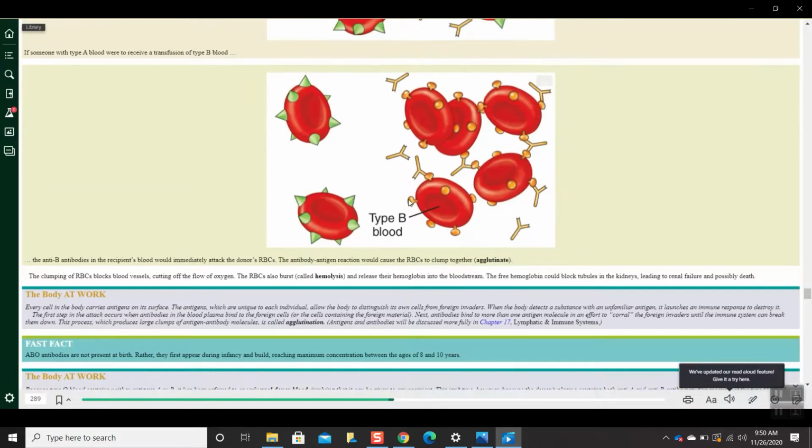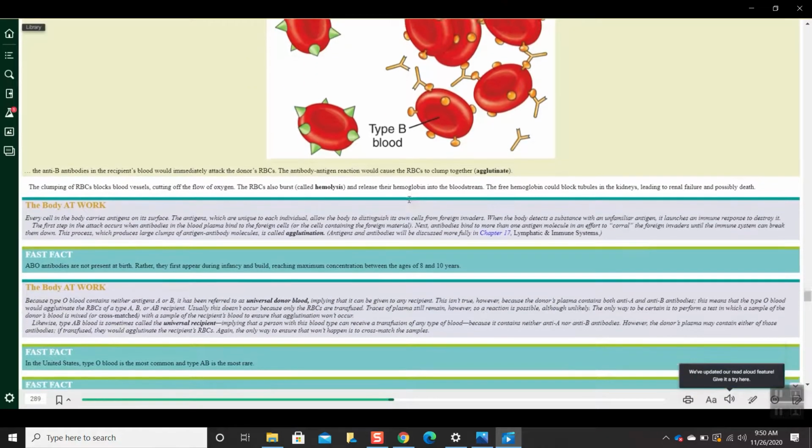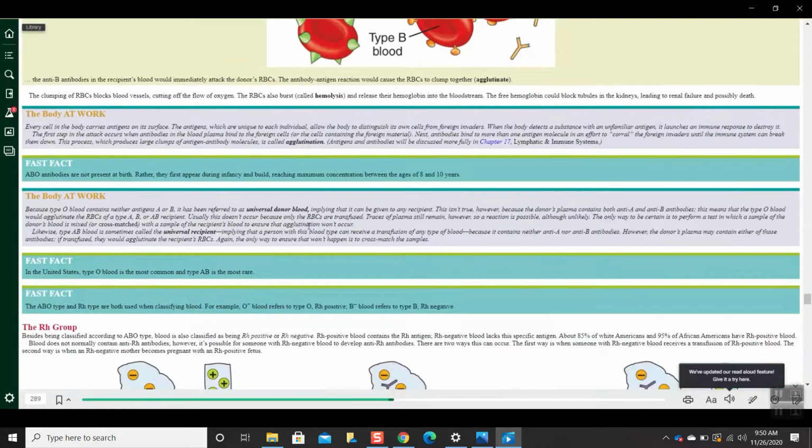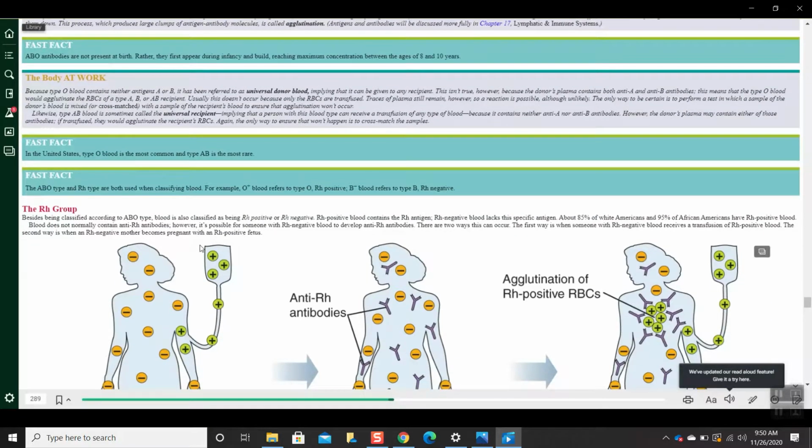When you get the wrong blood, the blood clumps together in a process called agglutination, and that can cause death. You need to know the universal donor and the universal recipient for blood. Blood type O is the universal donor. Blood type AB is the universal recipient.